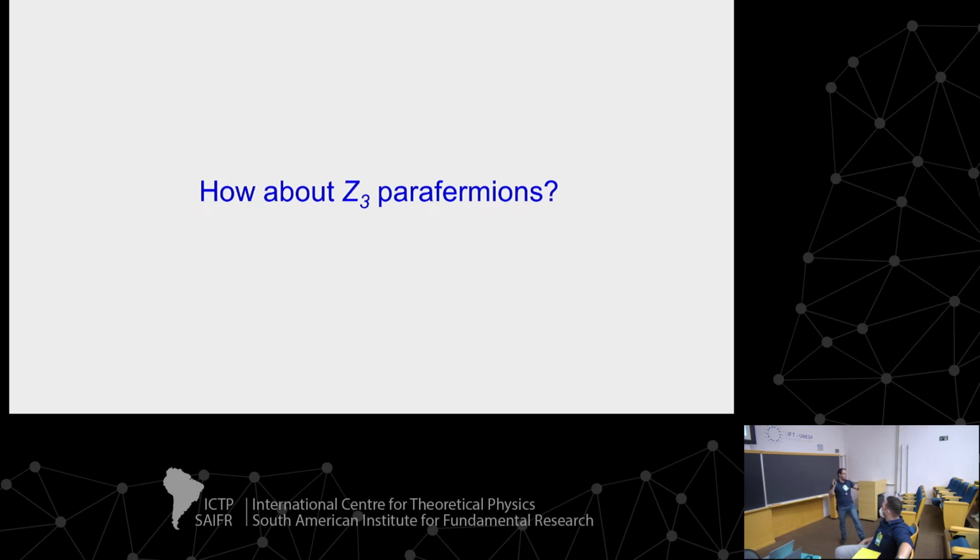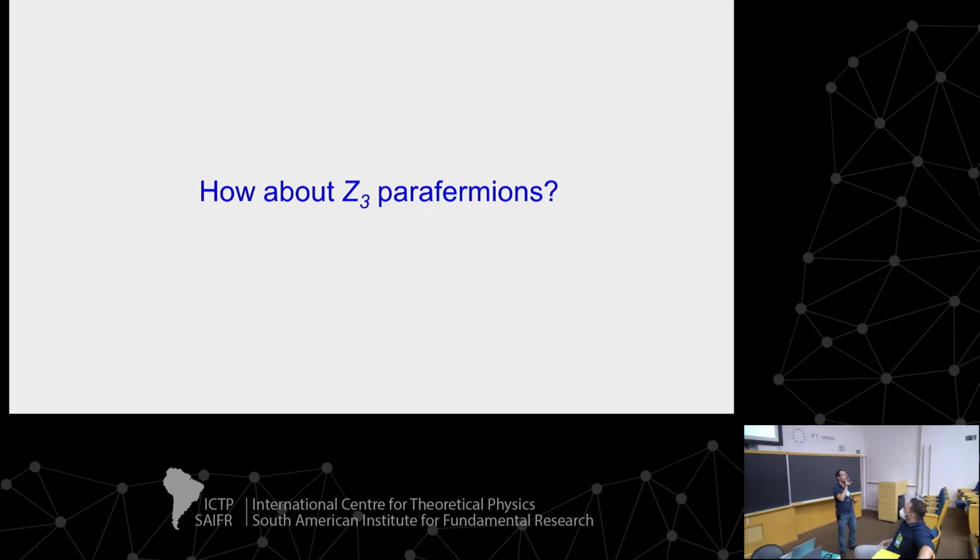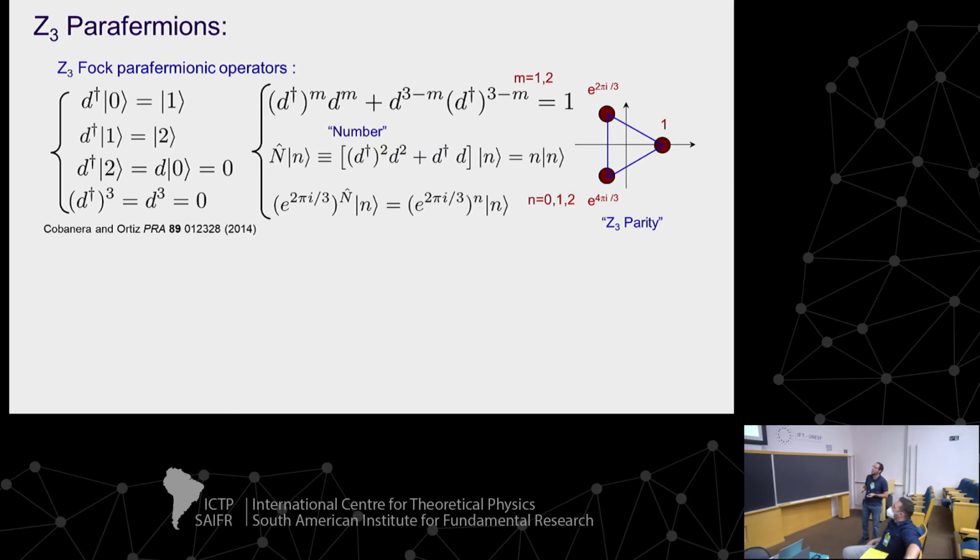So this is for Z4, and now we ask the same questions for Z3 parafermions, which are very different in nature, essentially because we don't have this hidden Majorana in it. So what are Z3 parafermions? We just play the same game, right? We have these Z3 Fock parafermions, where I come up with an operator that creates a cyclic three-state Hilbert space.